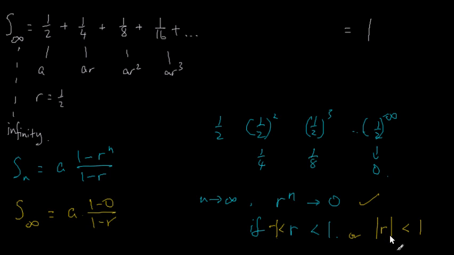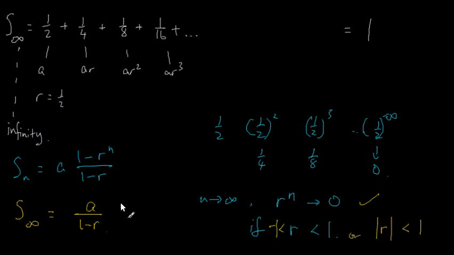Now I can write this a little bit more simply. That's just 1 minus 0, which is 1, times a, which is a. So let me just write this as a over 1 minus r. So now I have a formula for the sum to infinity.